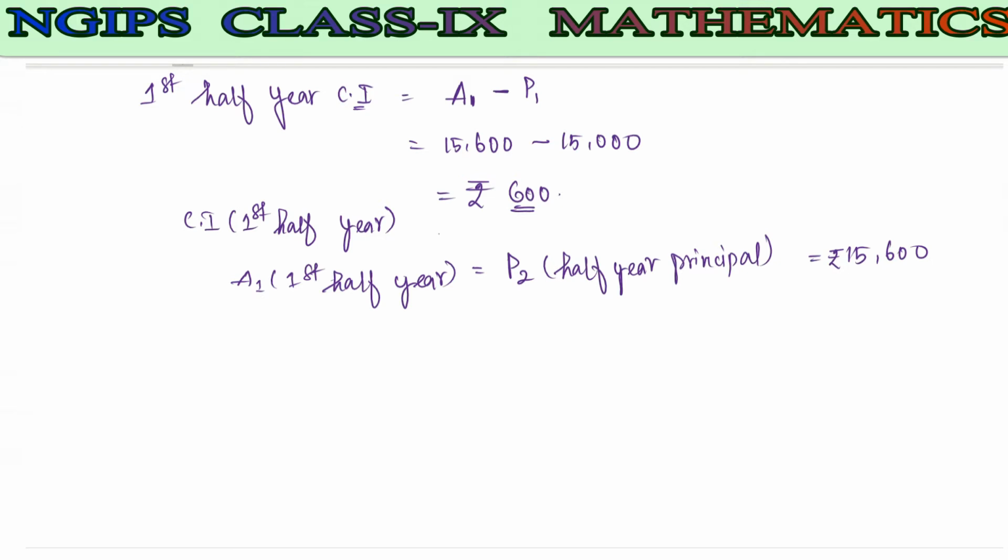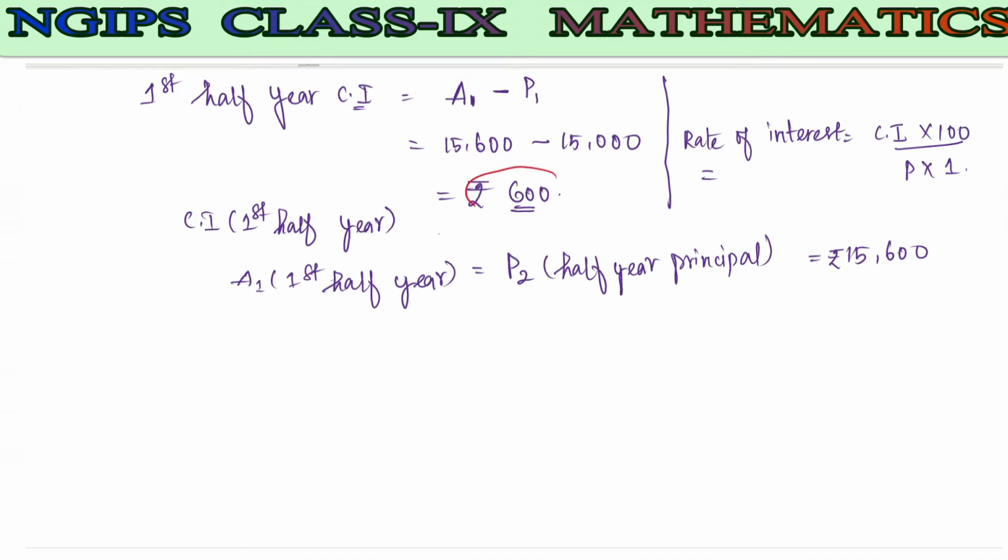Here we should know the percentage before going to find this. So I am going to find the rate of interest. We have the formula: rate of interest is equal to compound interest into 100 divided by principal into time period. Here the compound interest value is 600.